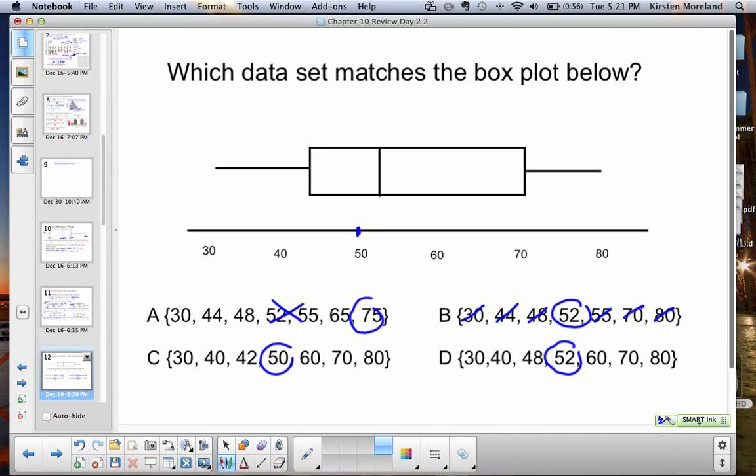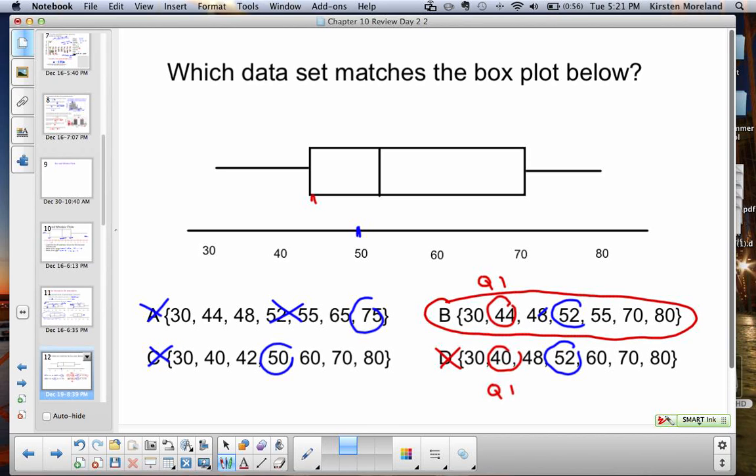The median is not 50, so I can rule out C, and I've already ruled out A. Next thing I need to find is Q1 and Q3. Q1 is 44 of this one, and Q1 is 40 of this one. So 40 is not one that works. It looks like Q1 is 44. So the correct answer would be B.